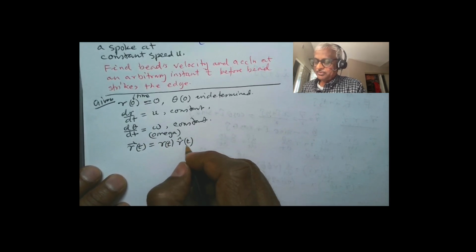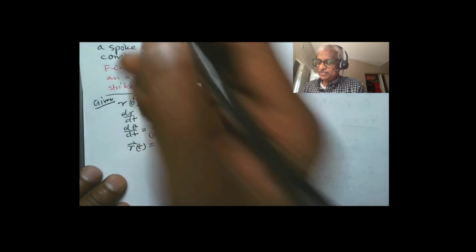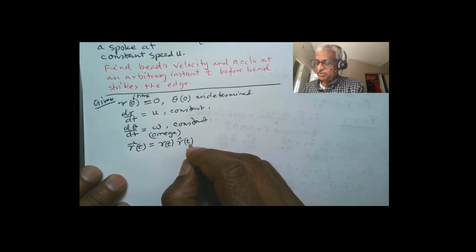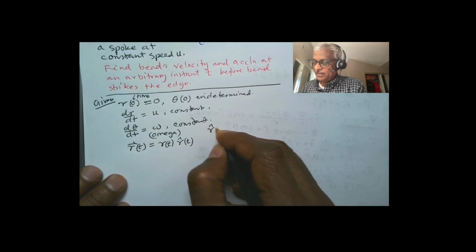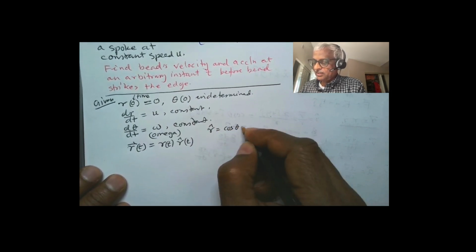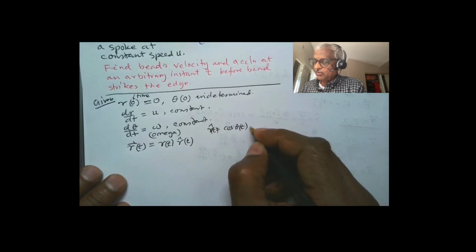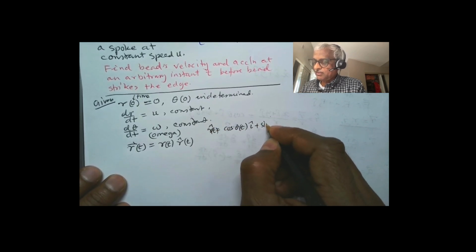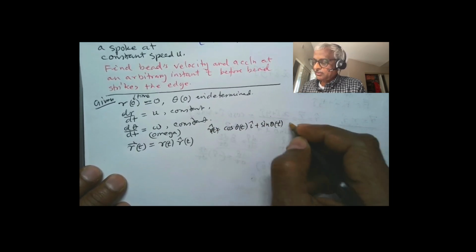So r hat is cosine theta t i hat plus sine theta j hat.